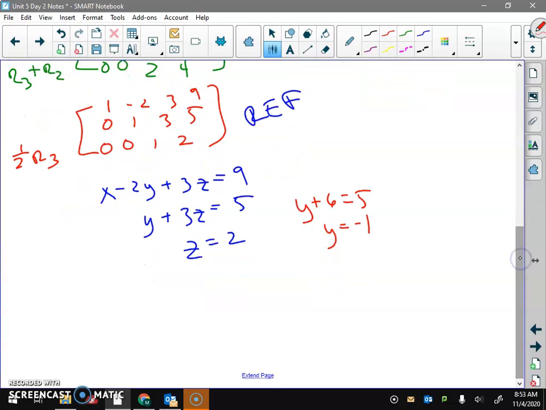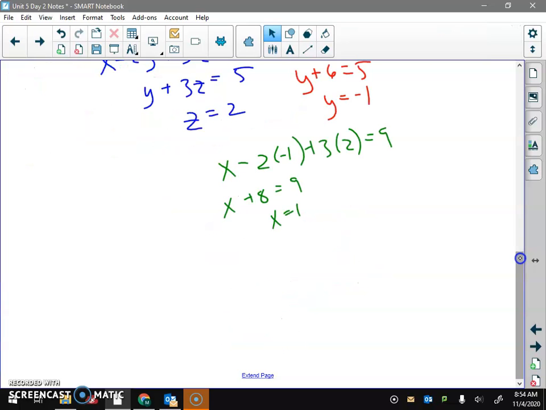And back substitute a third time. x minus 2 times negative 1 plus 3 times 2 equals 9. A little mental arithmetic: x plus 2 and a plus 6 is plus 8 equals 9. x equals 1.